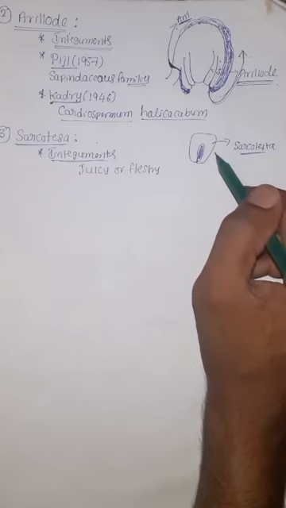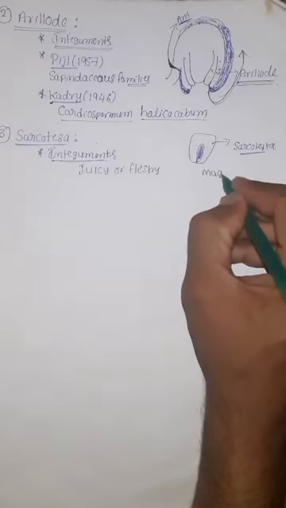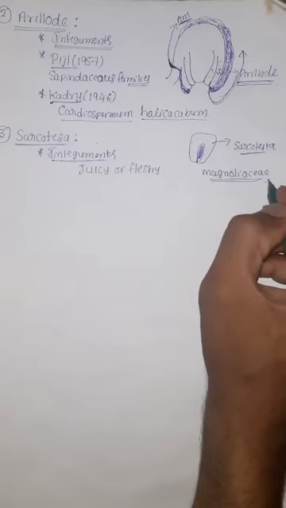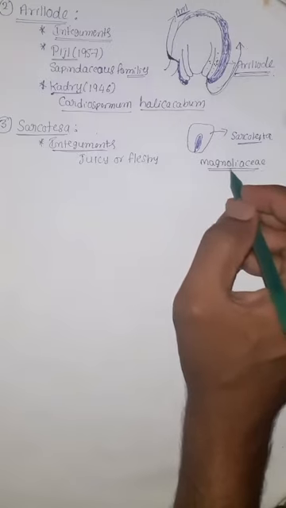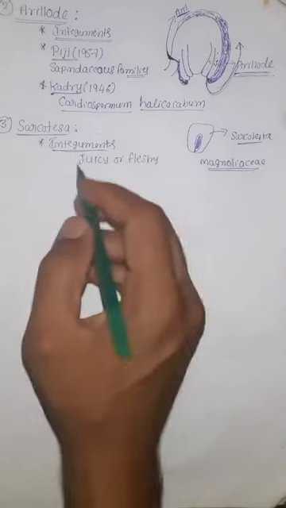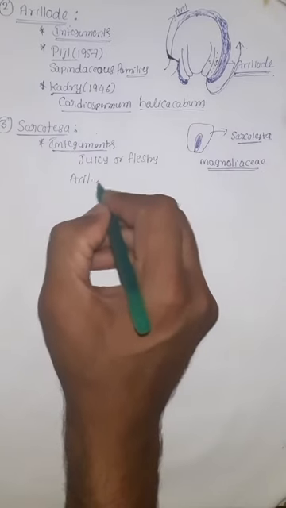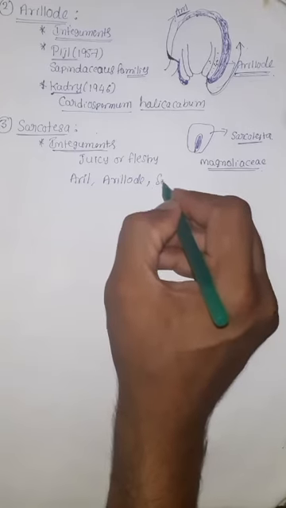This is a common phenomenon in members of the family Magnoliaceae, but it is also observed in other plants like pomegranate. These all structures, aril, arillode and sarcotesta.